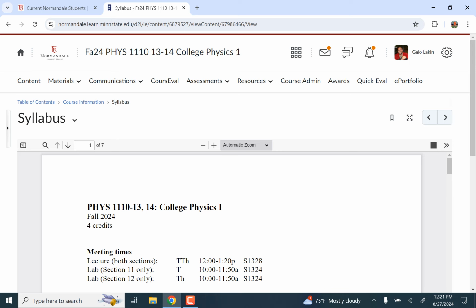Okay, so on any page in D2L, the mail icon here is the instant messenger. And it's a lot harder for me to miss messages you send on this than it is on email.